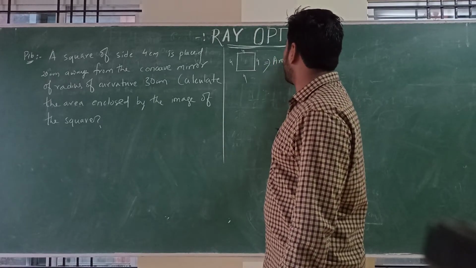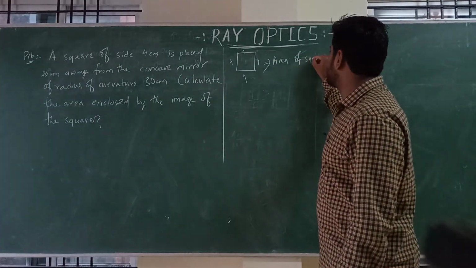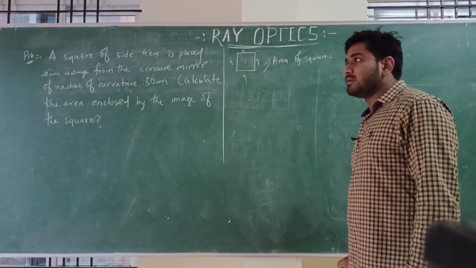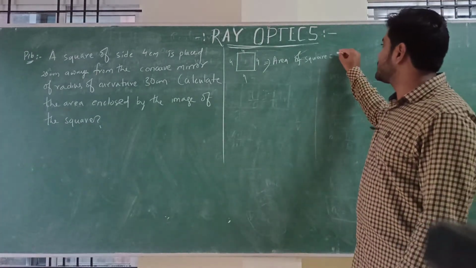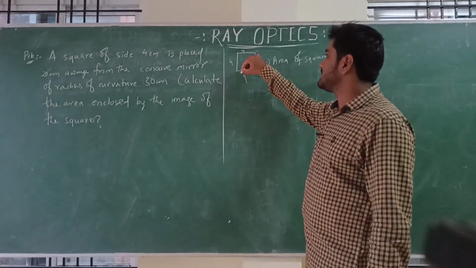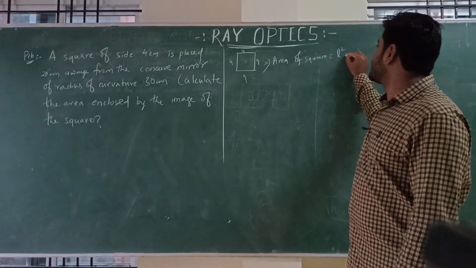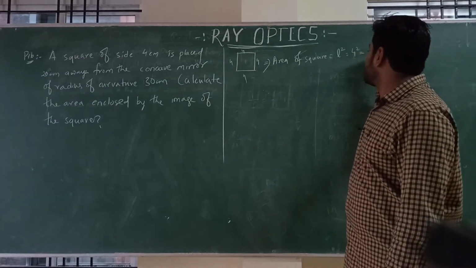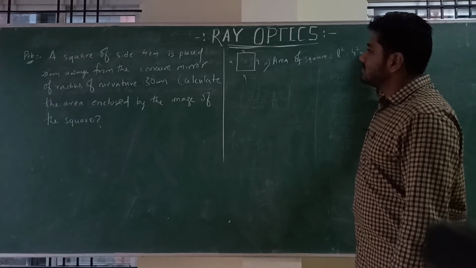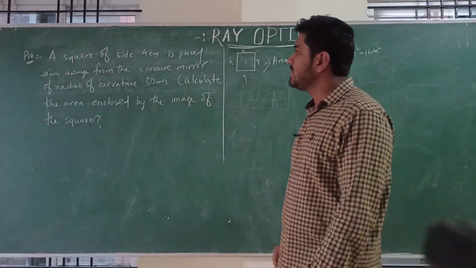Area of the square is equal to L square. One side of the square is given. So 4 square, so L square is nothing but 4 square, that is equal to 16 centimeter square. So this is the area of the square.